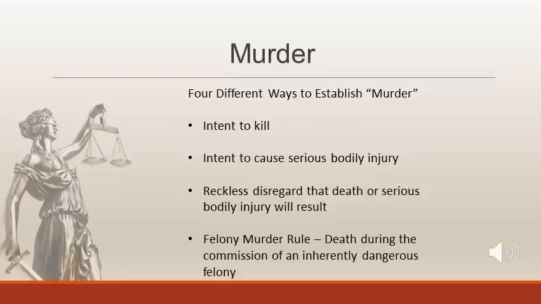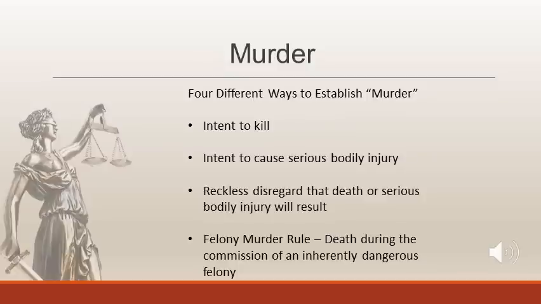Well, if he dies, that's murder. If the victim dies as a result of you beating them up with a lead pipe, then that's murder. Even though your intent was to cause serious bodily injury and not death, it still creates the necessary mens rea to establish murder.